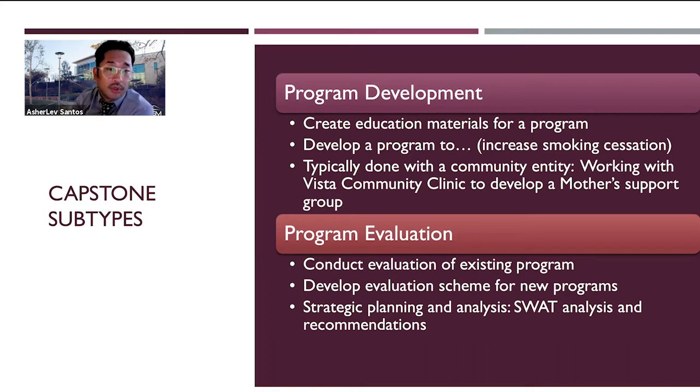Now, there might be some primary data collection involved, but the primary gist of, say, a capstone for program development might be to create a physical activity program that helps adolescents increase their physical activity per week. A program evaluation, you might do in terms of your own program development, but you could also look at, say, existing county programs. Does the county's vaccination program actually increase vaccination rates? That might be an easy program evaluation piece.